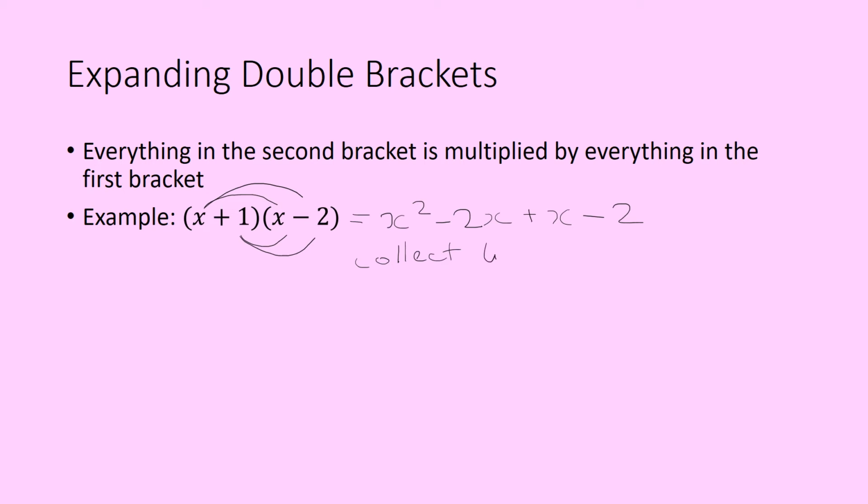So we have an x term here and an x term there. So we've got x squared minus x minus 2, because minus 2x plus x is just minus x, minus 1x. And whenever we don't write 1x, we write it as just x.